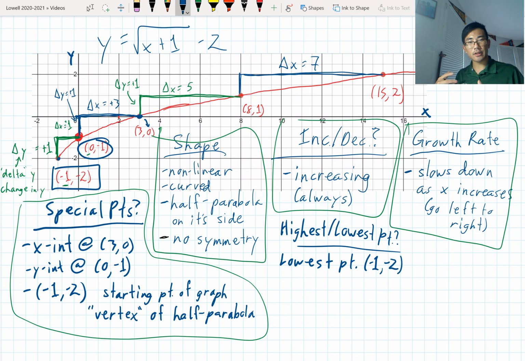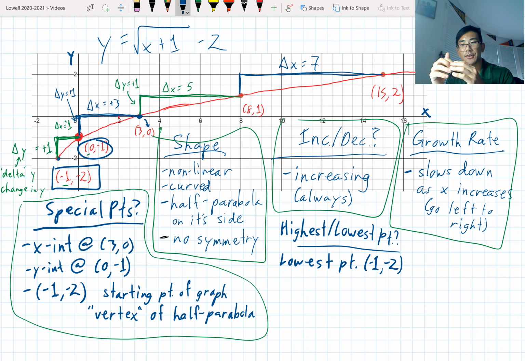And since, again, we're plugging in bigger and bigger numbers, if you plug in, say, 100 million, you're going to get a pretty big square root, right? Now, 100 million and 1 is not that different, but it is still bigger than the square root of 100 million.